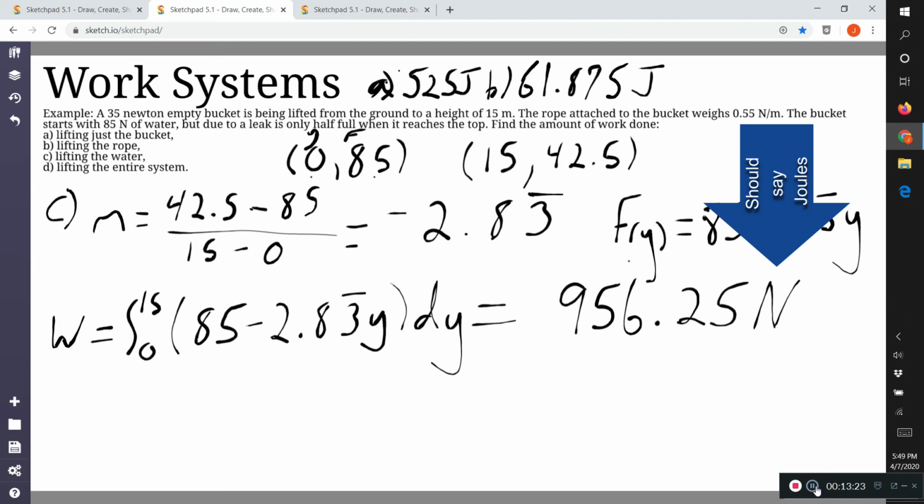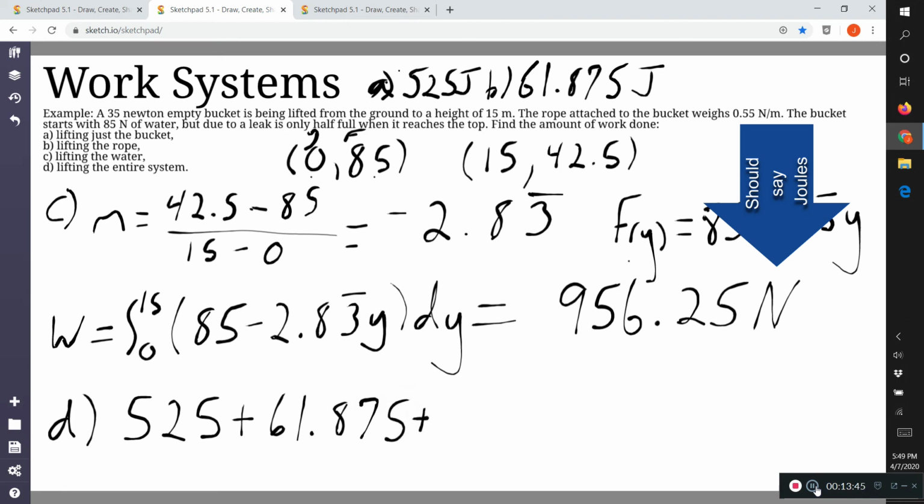All right, part D is as simple as you think it could be. For the entire system, all you have to do is add up the parts of the system to get the total amount of work done. So we have our bucket plus our rope plus our water.